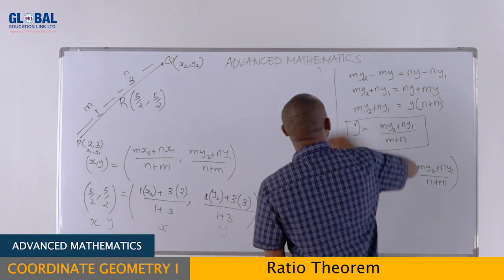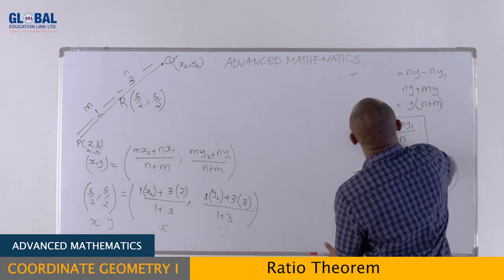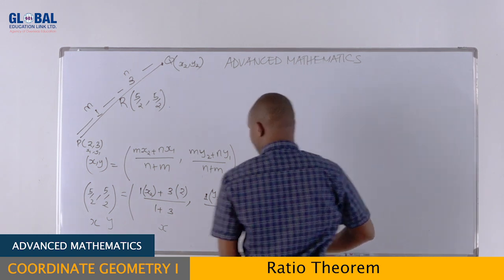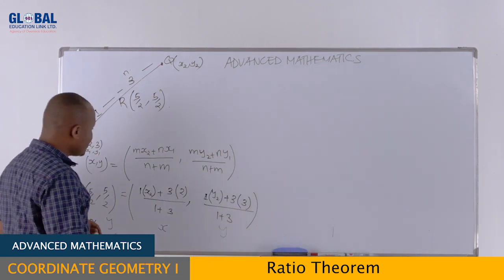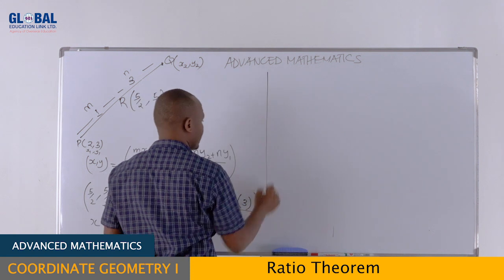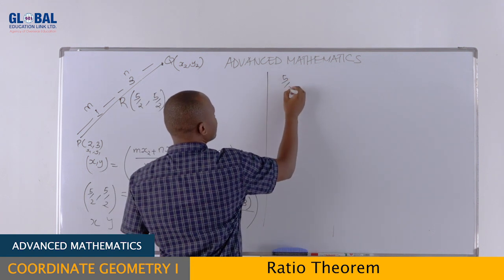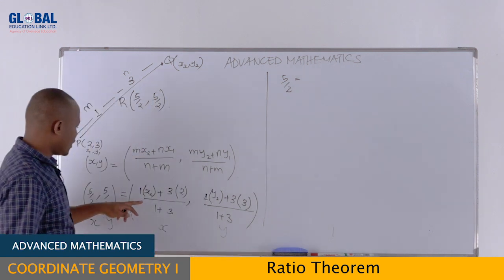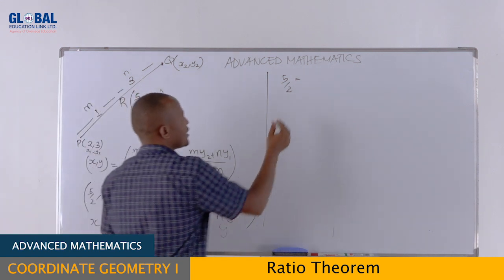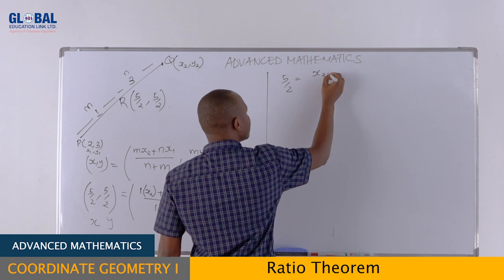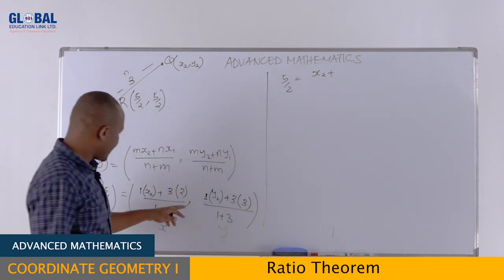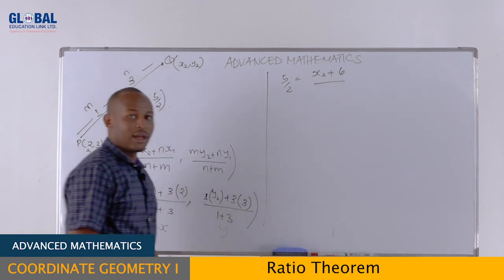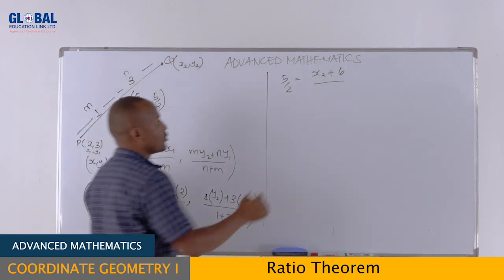Let's look at that. So it will be 5 over 2, sorry. Then it is equated to what? If you multiply there, it is x2 plus 6, over 4.